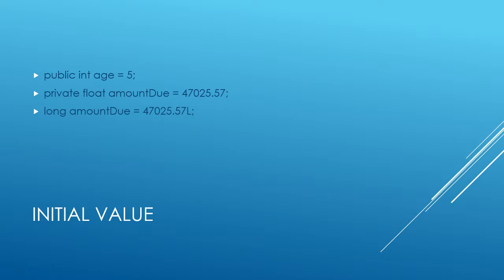We could change that anywhere in our code by specifying the line of code that says amount due equals some other value or some calculation or anything, and that would change that value of amount due. With our long amount due, we could set it equal to a value, but we might have to specify a format identifier by putting a letter L at the end of this value, this literal, to tell Java, consider this to be a long number.